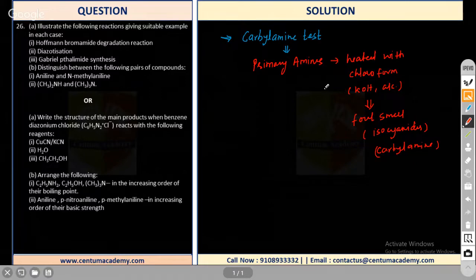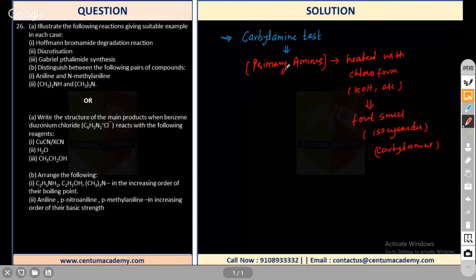We have done the mechanism also, and there the intermediate is carbene. CCl2 carbenes are the intermediate, and then that reaction proceeds. We have some rearrangement, but the mechanism and all is not required here, right? This test is given by only primary amines. Secondary amines do not give this foul smell, so this foul smell only confirms the presence of primary amines, right?